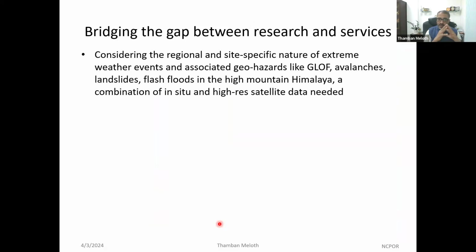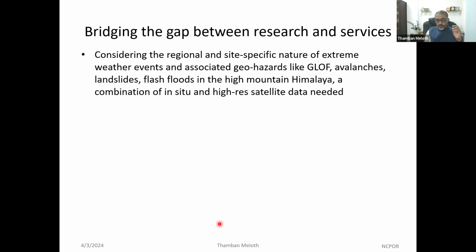Considering the large regional as well as site-specific nature of extreme weather events and associated geohazards like blow-offs, avalanches, landslides, flash floods, all happening in the high mountain Himalaya, a combination of in situ as well as focused high resolution satellite data is required, with the support of a very efficient modeling system. You may then at least be able to know what the potential impact is.